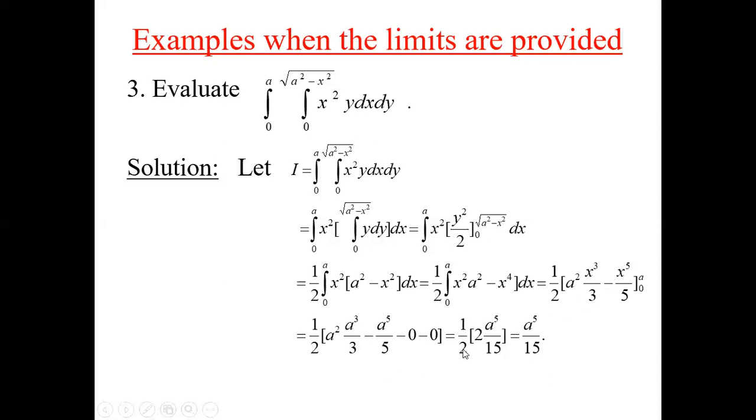So therefore 1 upon 2, then you are having 2 a to the power 5, this is equal to, take the LCM, that becomes 15, so therefore 2a to the power 5 upon 15, then this 2 and 2 will get cancelled, this becomes a to the power 5 upon 15. So these are the examples on the double integral when the limits are provided.